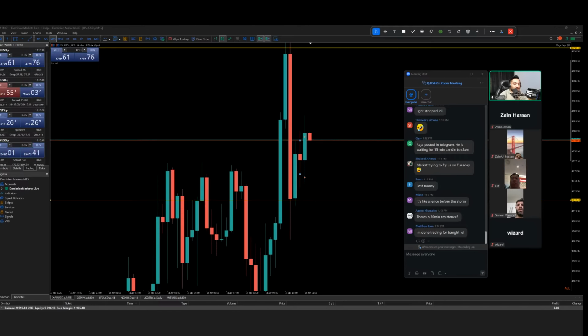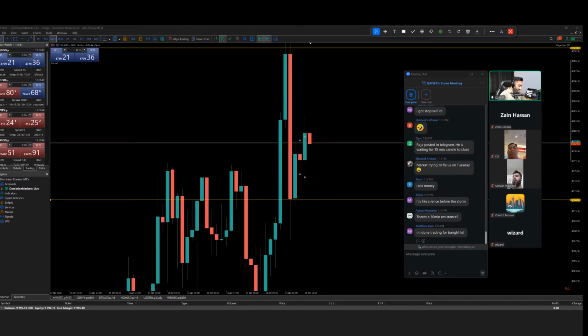Okay. Yeah, it's just creating a wick right now. So in this situation, I'm going to place my stop loss below the current candle low. Let's see.